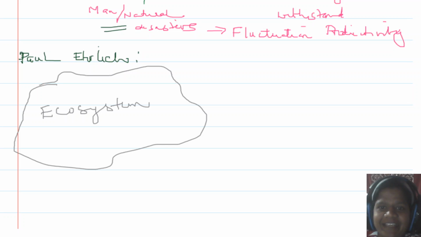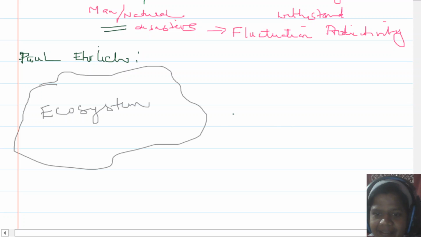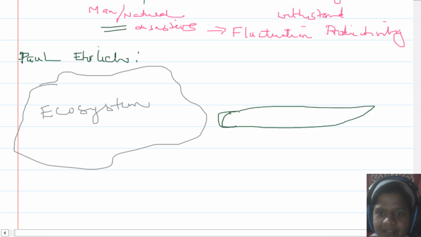Now let's see if I can draw an airplane. Okay, we got the nose, and we got the tail. It doesn't look like a plane, it looks like a worm.